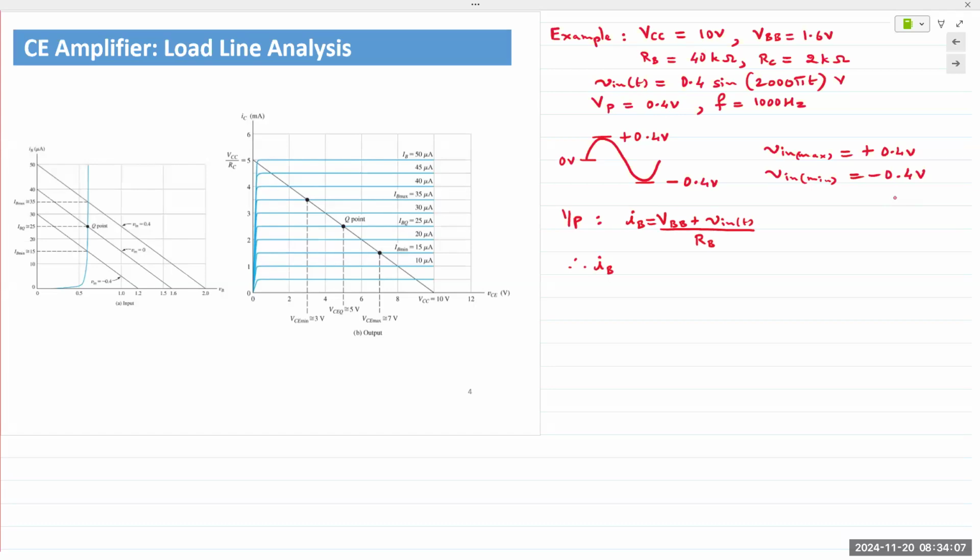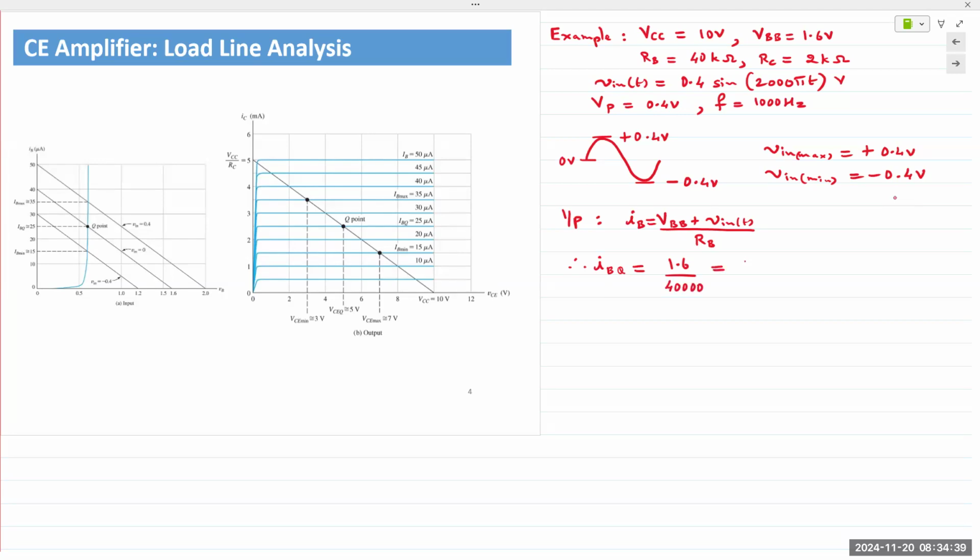We are not applying any AC voltages, just the DC. So IBQ would simply be VBB over RB. And that would give us 1.6 over 40,000.